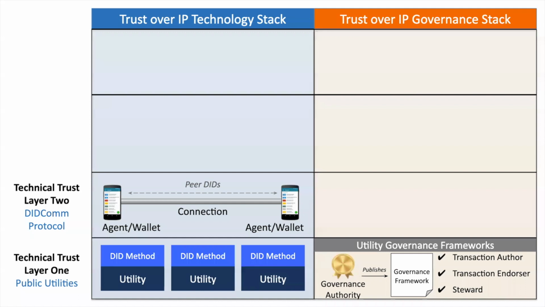And so either side of this connection is backed by an agent that is able to send secure messages back and forth and prove that the other party is who they think they are. And this general capability is what we call DID communication, or DIDCOMM for short.